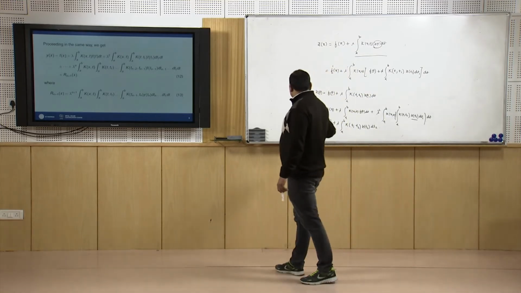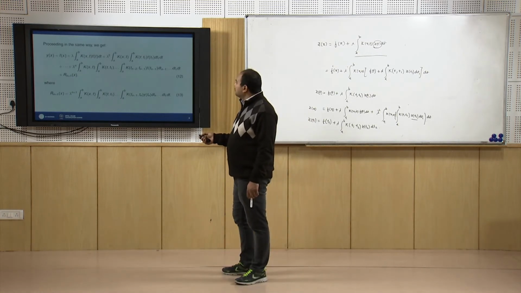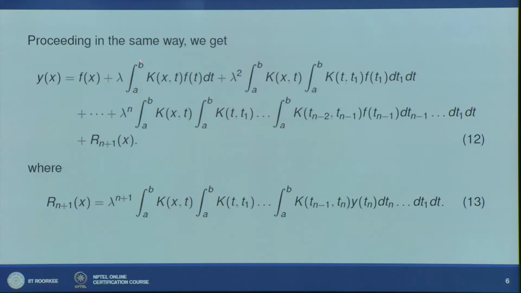So if you proceed in this way, we can write our solution in this series: y of x equal to f of x plus lambda times integral a to b k x t f t dt plus lambda square this term and so on. This series will have this remainder term R n plus 1 of x, which is given by this.